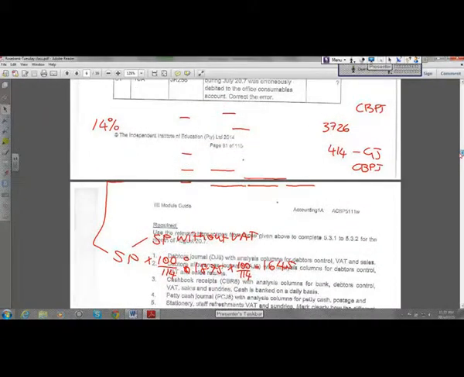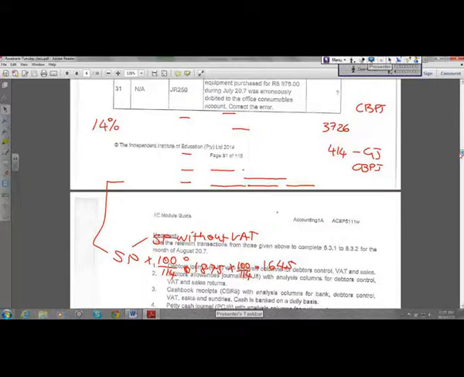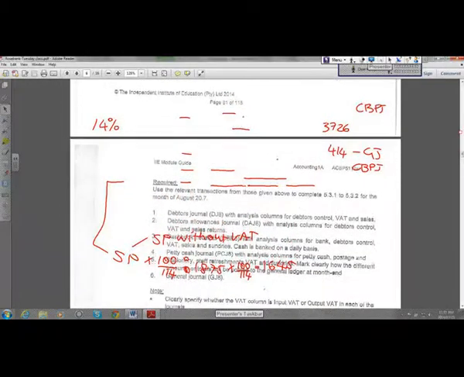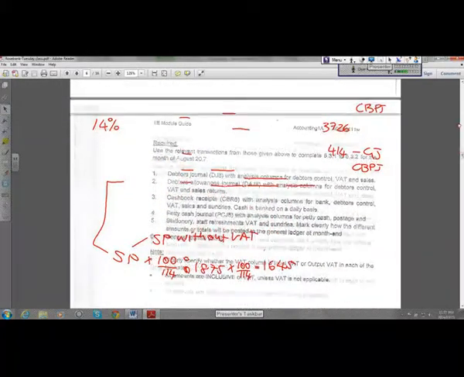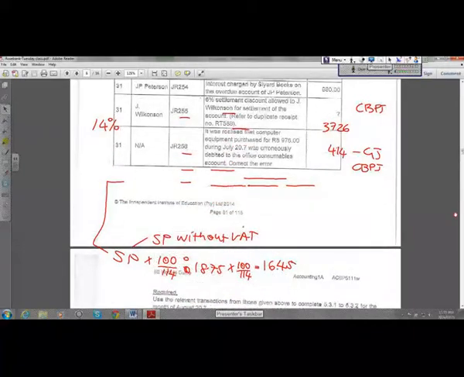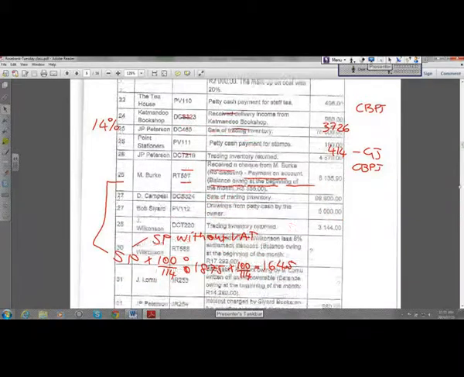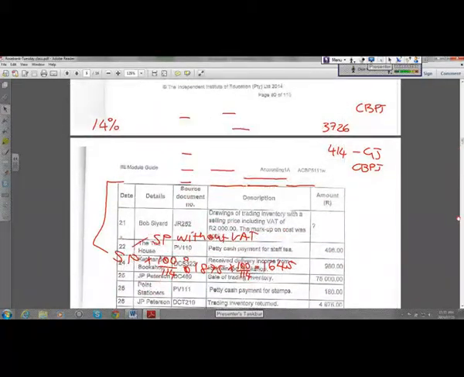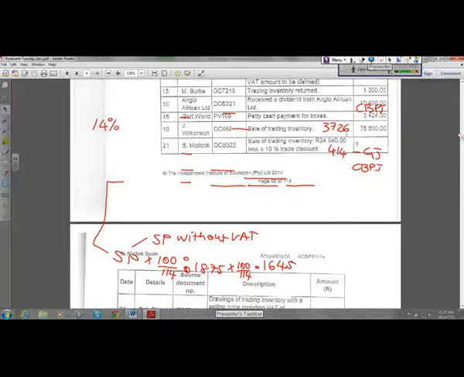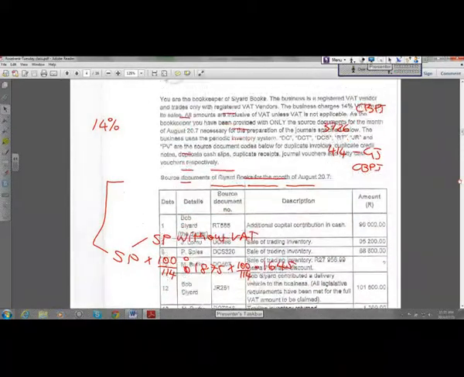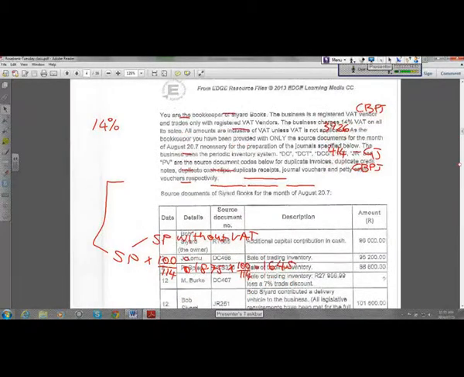Okay, so what is this? We're supposed to go back, eh? All right, so let's go see if there is something we can work with. Okay, so here's the information given to us.